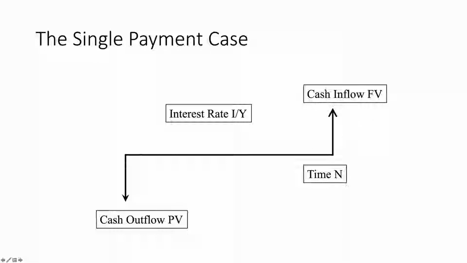The future cash flow, I'm using an upward arrow, so FV. These two cash flows have different signs. They should have opposite signs, but usually I'm using a negative sign for present value and a positive sign for future value. As for interest rate, we're using percentage terms. 10%, we put a 10 in it, okay? Number of periods is how many years there are.